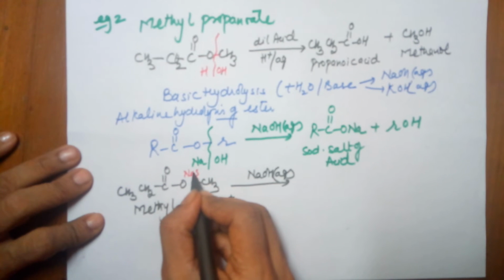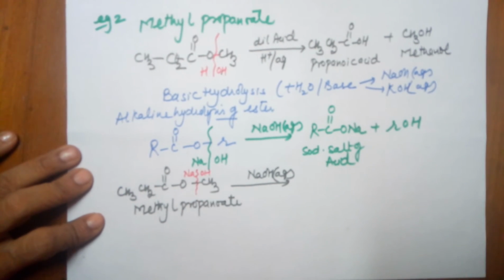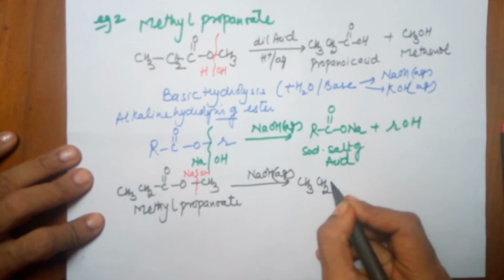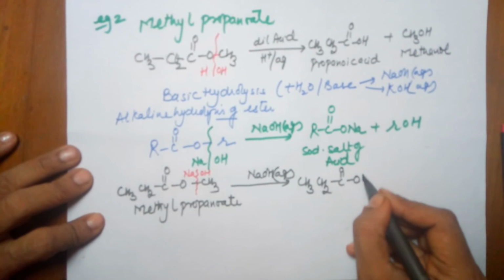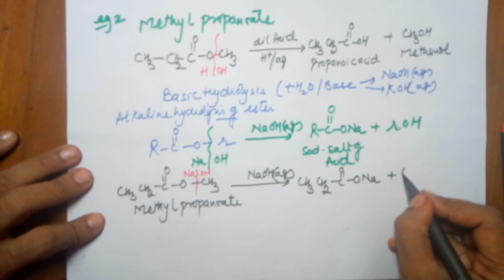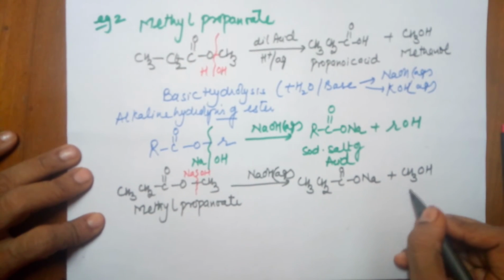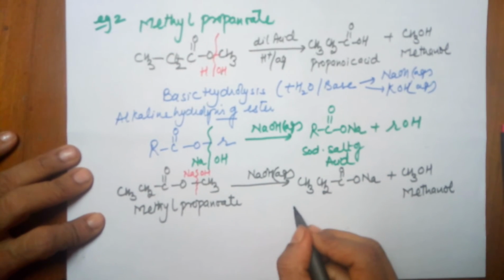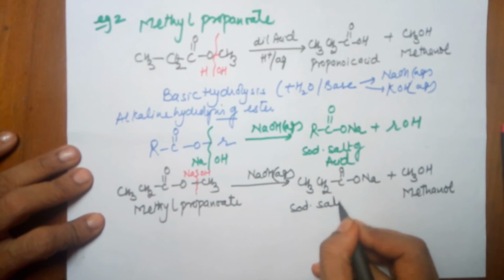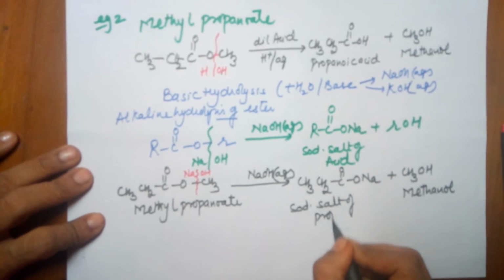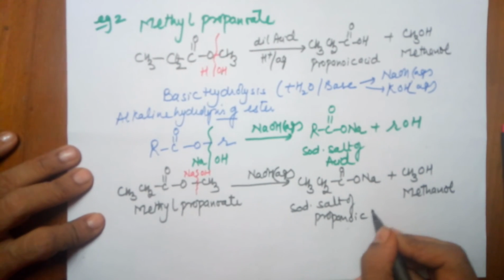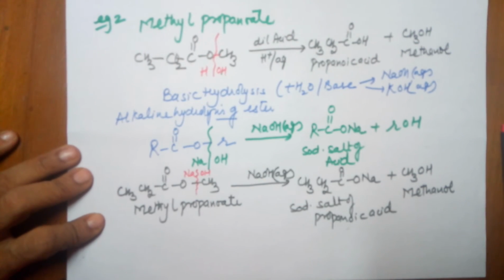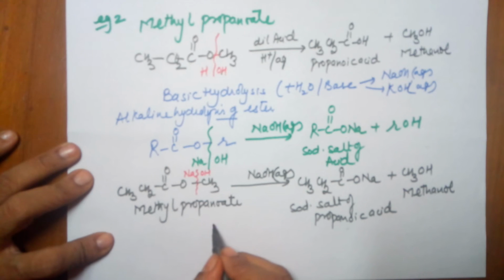You would get Na on this side, OH on this side, giving you the products as CH3CH2COO Na plus and CH3OH. That's your methanol. And you also have the sodium salt of propanoic acid.